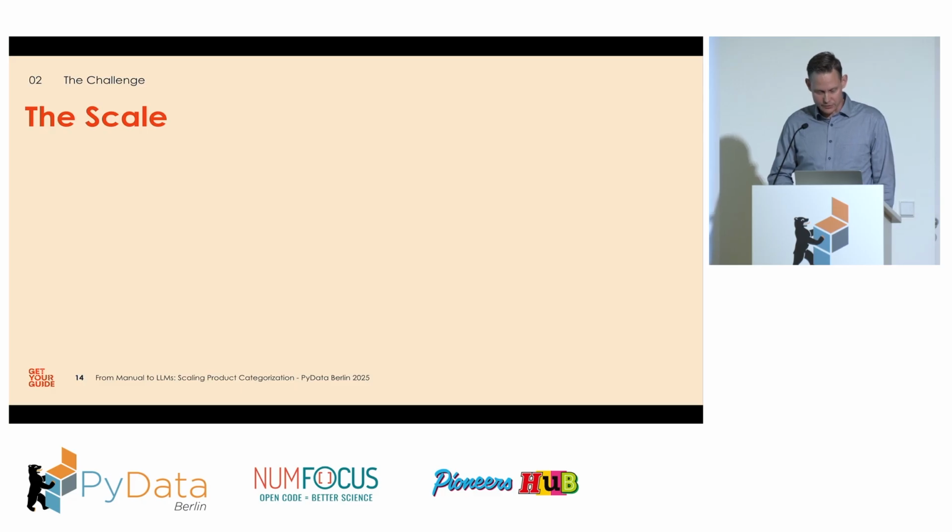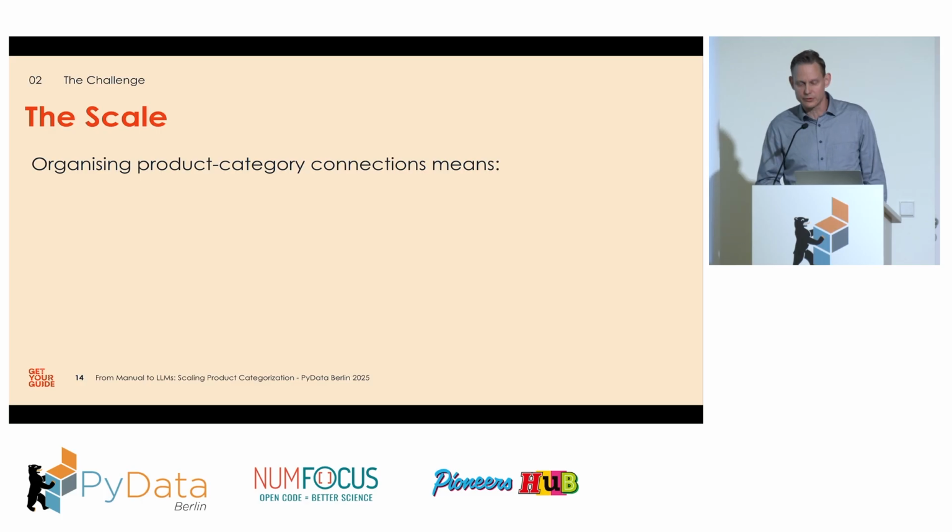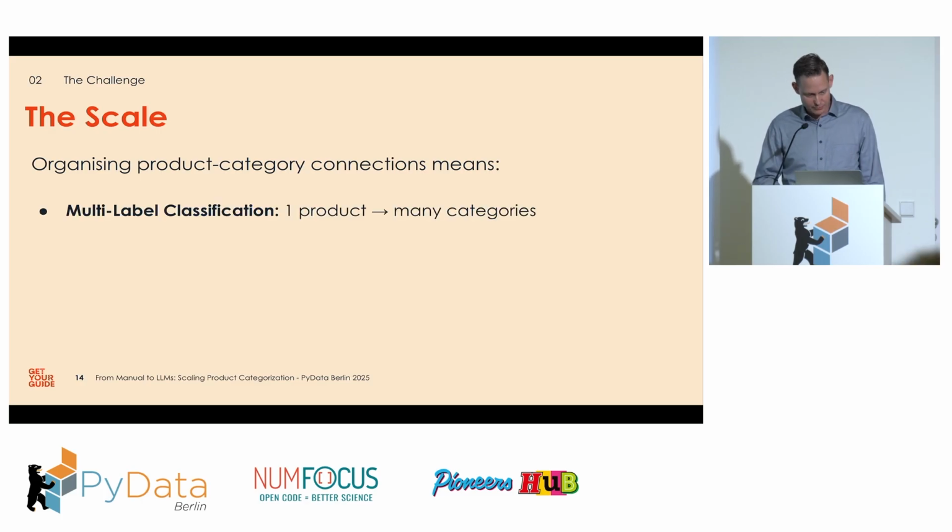For us, the scale is also a challenge. Organizing these product categories for GetYourGuide is a multi-label classification, so the categories are not exclusive. One product can belong to many categories, and normally does. In the first run, whenever we try out something fully new, we really have to look at the full cross-product.